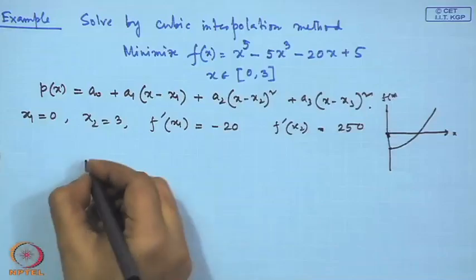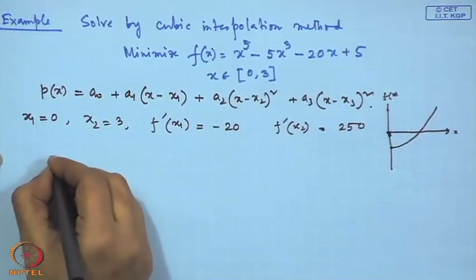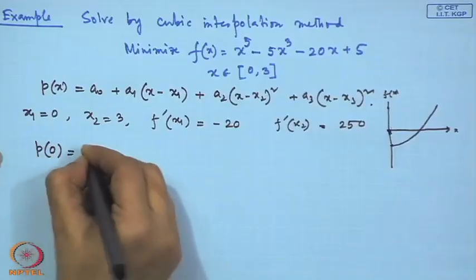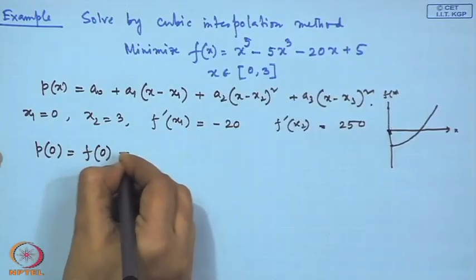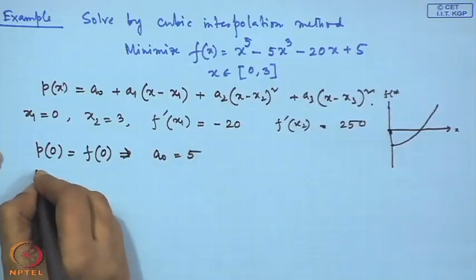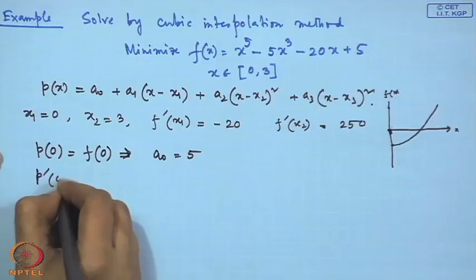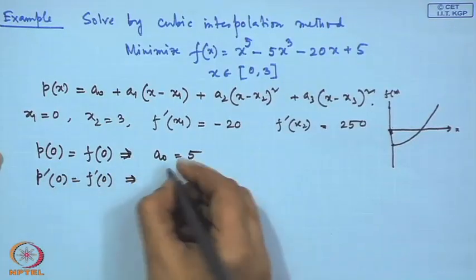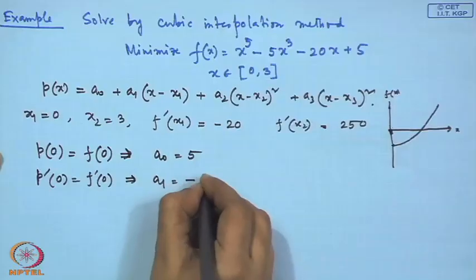If this is so, then we will calculate the values one after another. How? We will go for P0 equal to F0. P0 equal to F0 gives me the value A0 equal to 5. P prime 0 equal to F prime 0 gives me the value A1 equal to minus 20.